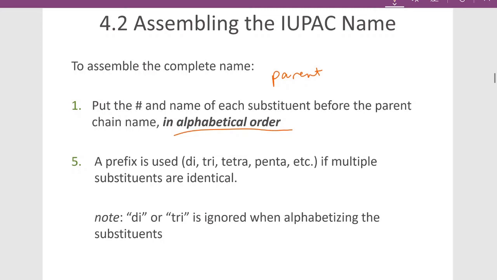We assign a prefix di, tri, tetra, penta if we have multiple substituents, and then we put the number in front of that. But notice that di or tri is ignored when alphabetizing these substituents. The only prefix that we consider is iso. So if you have isobutyl or isopropyl, you do use that i for alphabetization.